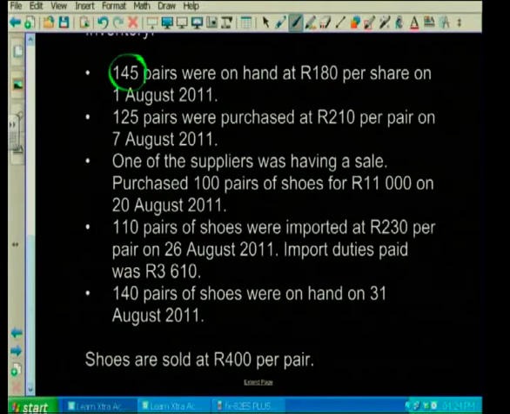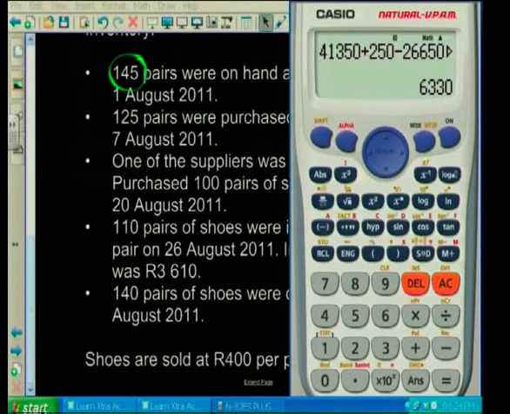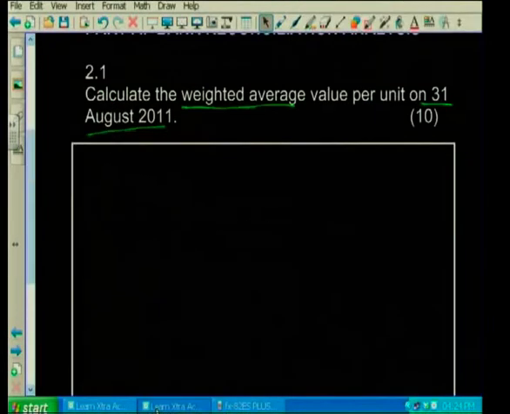145 pairs on hand, valued at 180 per shoe. It's supposed to be here on the 1st of August. So here goes. We say 145 times 180, and the amount is 26,100.